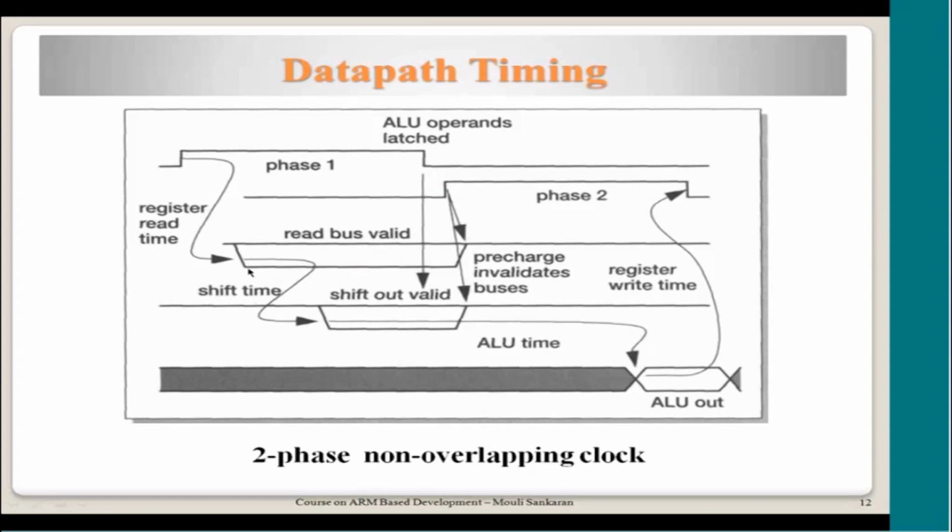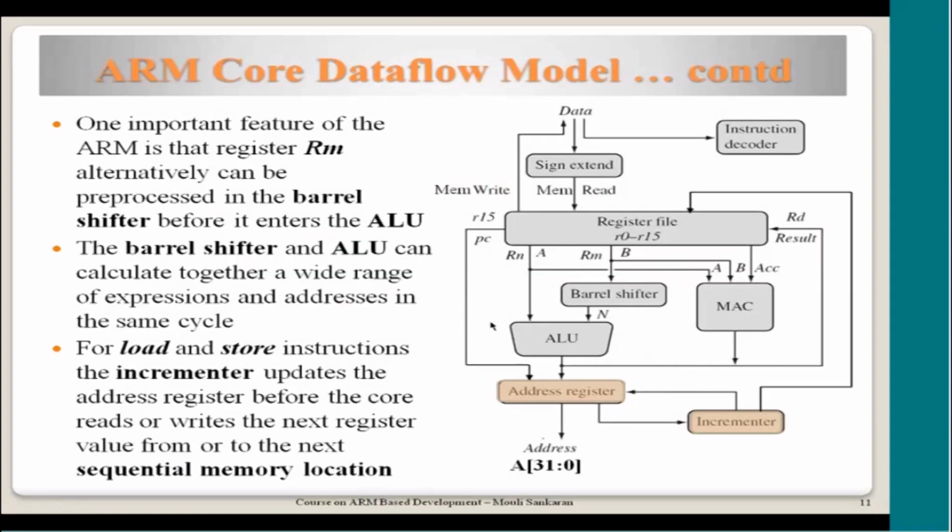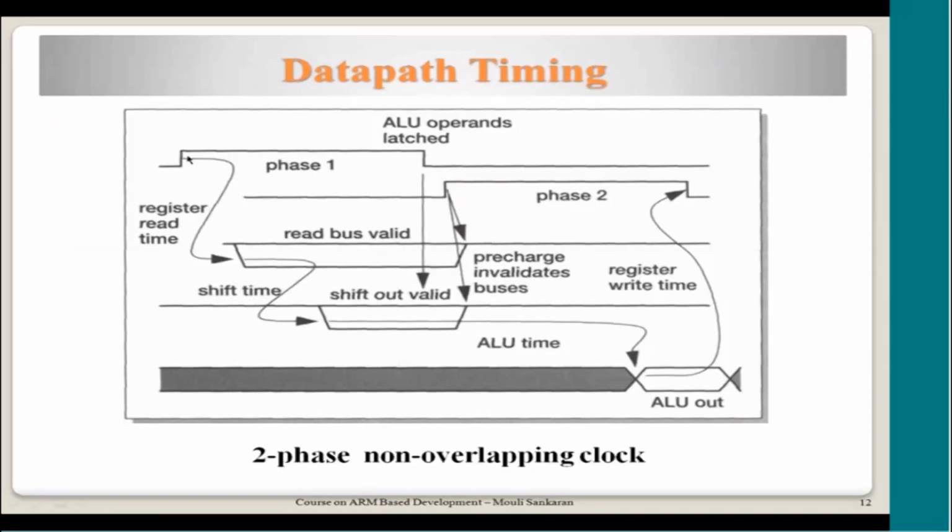If you recall these two, suppose you assume that these two signals are coming and the barrel shifter is ready to accept the data which is coming in through RM. Now when the first clock, phase 1 clock, goes up, the register read time starts and the contents of the selected registers in the register file are available on the bus, and the ALU reads one of the parameters.